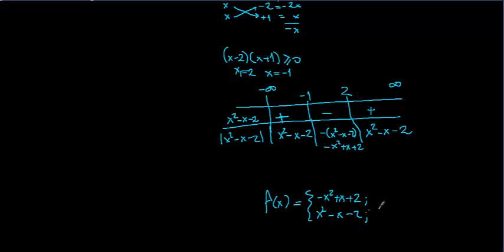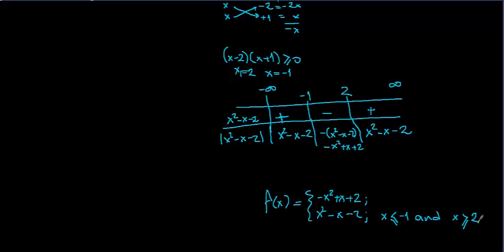In which intervals? X squared minus x minus 2, these are here: minus infinity to minus 1, when the values are less than minus 1, and when the values are greater or equal to 2.